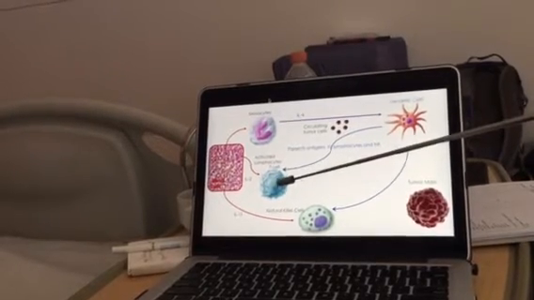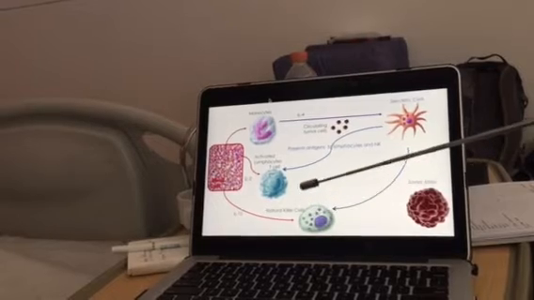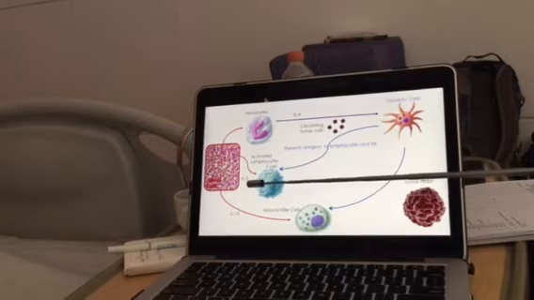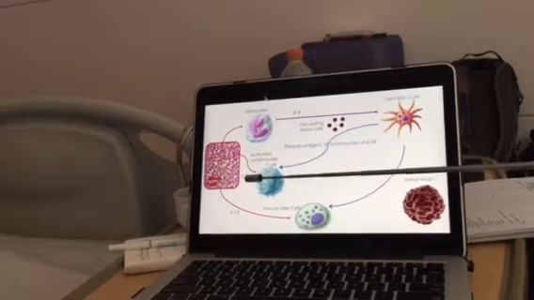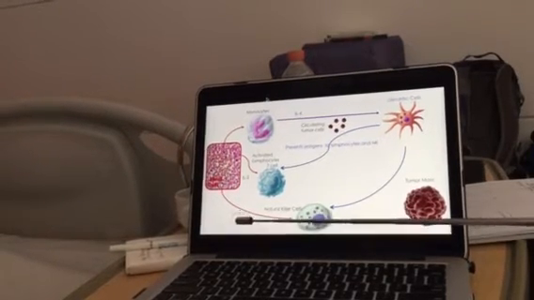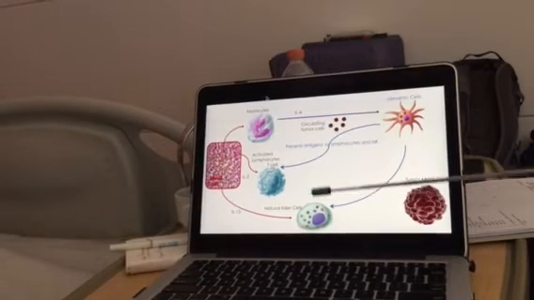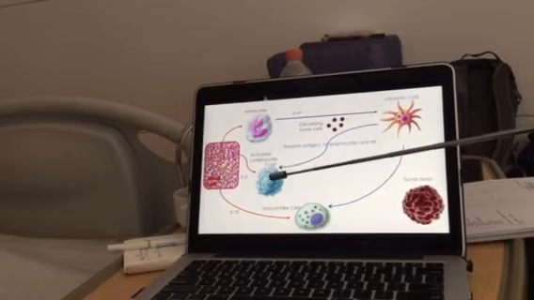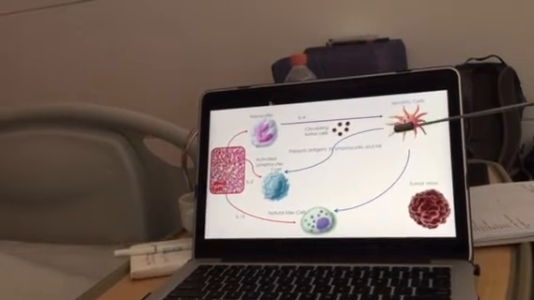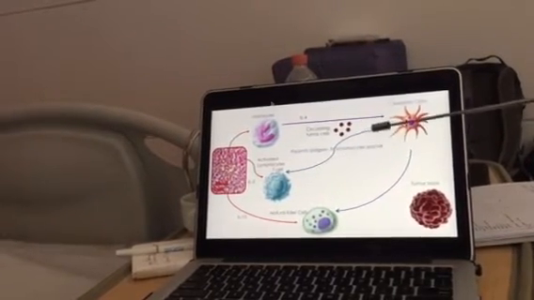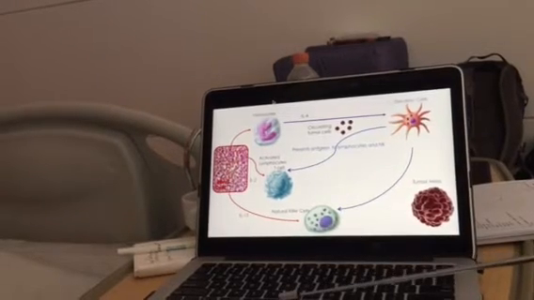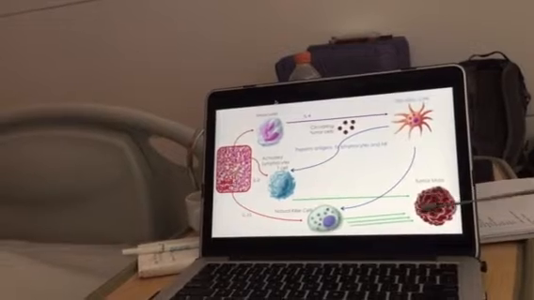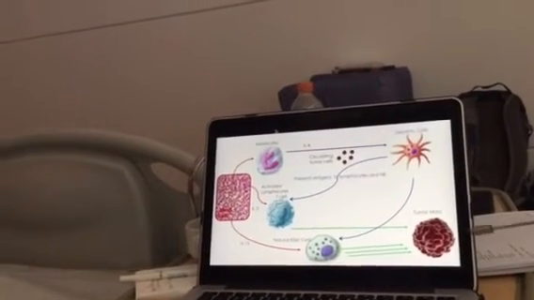Previously, these lymphocytes and natural killer cells were activated using interleukin-2, that's the most important, and interleukin-15 for natural killer cells. And after this activation, and after getting these antigens from dendritic cells, they are ready to seek and destroy the tumor mass.